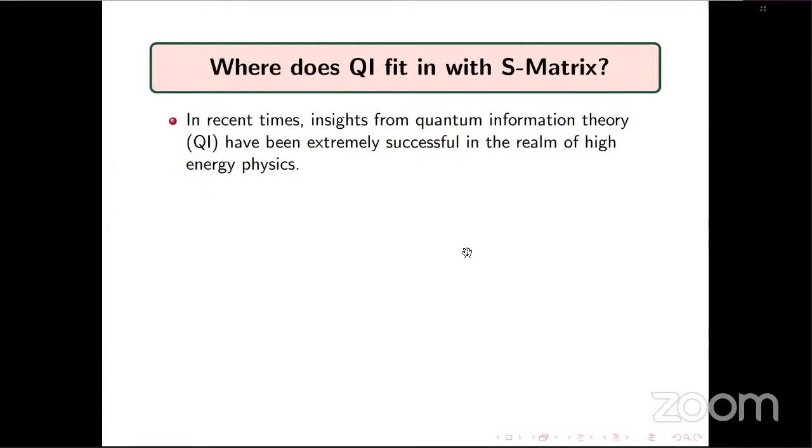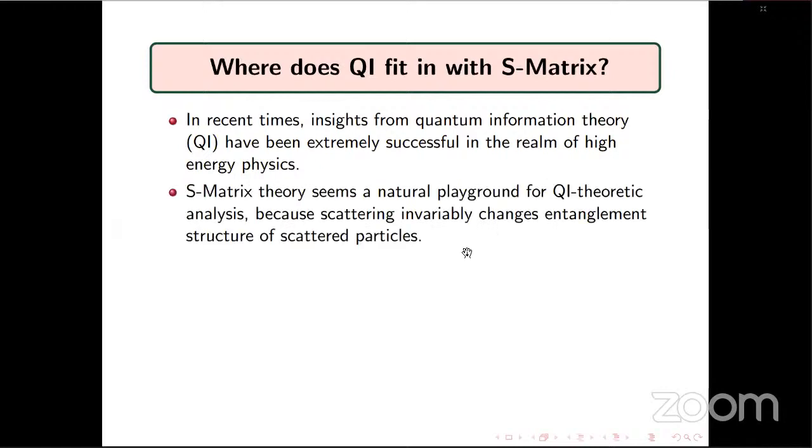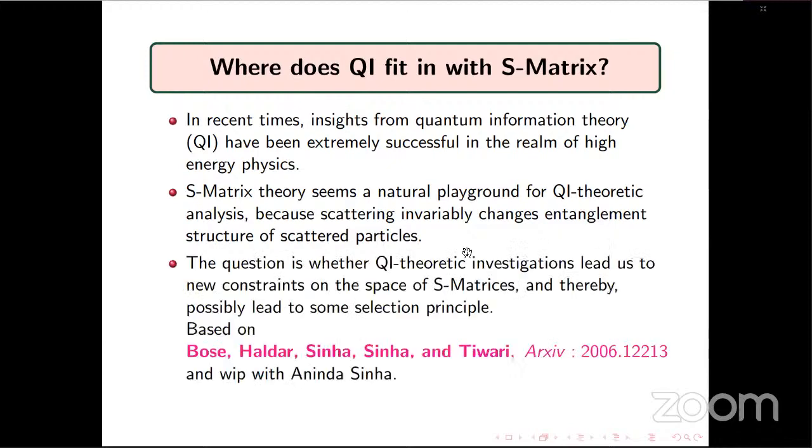Now, where does quantum information fit in S matrix theory? In recent times, we have seen that insights from quantum information theory have been extremely successful in the realm of high energy physics. S matrix theory seems a very natural playground for such analysis because scattering invariably changes the entanglement structure of the scattered particles.